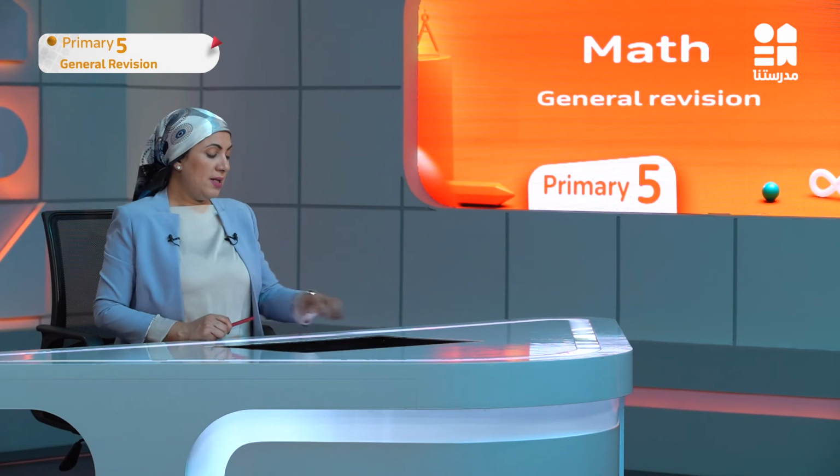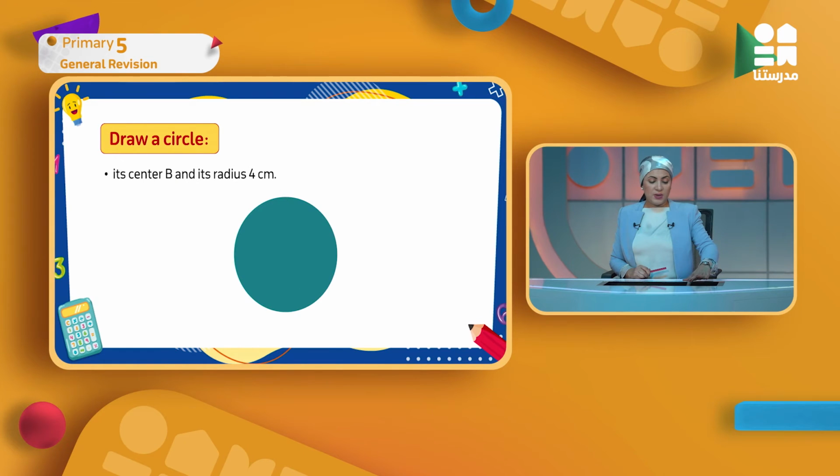I choose any point to put the sharp tip on it. Then I will swing the compass in a circular movement to draw my circle, named B, and its radius is 4 centimeters.